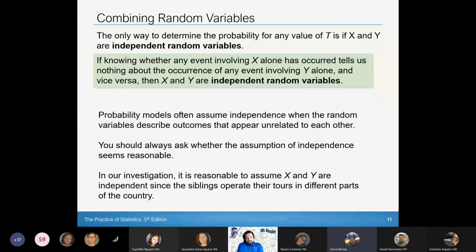Because they're in different parts of the country, if someone signs up for Pete's tour, it has no effect on someone signing up for Erin's tour, because they're not pulling from the same population. So again, we need to make sure the assumption of independence is reasonable. In this case, it is, so we can move forward.